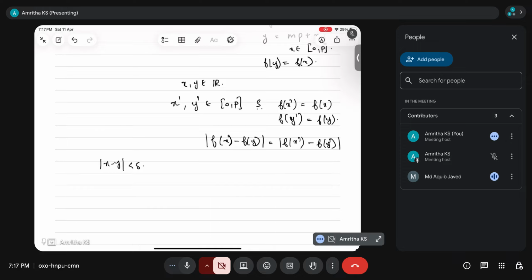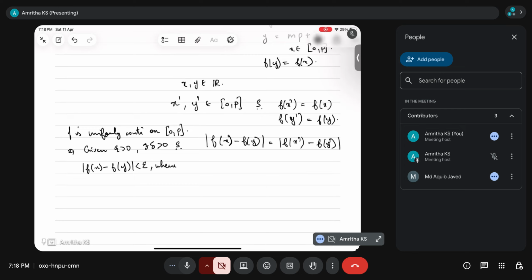On [0,p], f is uniformly continuous. So for given epsilon greater than 0, there exists delta greater than 0 such that |f(x) minus f(y)| less than epsilon whenever |x minus y| less than delta.